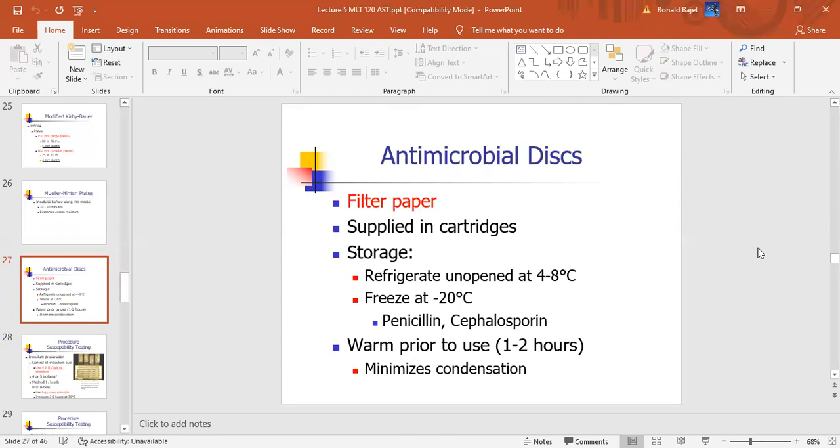The filter paper discs are supplied in cartridges, you'll see those. Refrigerate these antibiotic discs at 4 to 8 degrees centigrade, or if you're not going to use them for a long time, then you can freeze them at -20. You want to warm the antibiotic disc prior to use, 1 to 2 hours. Make sure it's at room temperature.